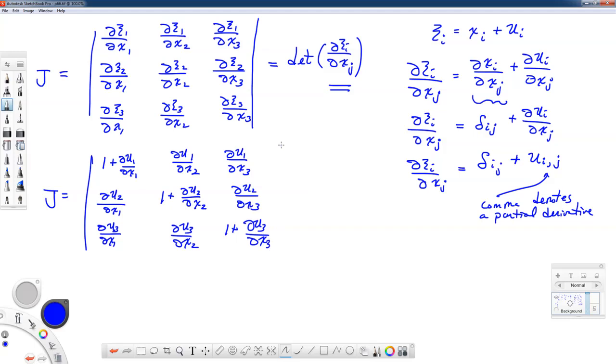Now for some of your homework, you're going to be evaluating the Jacobian. Sometimes they will give you the functions in terms of xi. Sometimes they will give you the displacement. From a measurement point of view, it's often a little bit easier to measure displacement than it is the final position, or you may just be given the displacement vectors. And so don't forget to put that 1 on the diagonal for the displacement.